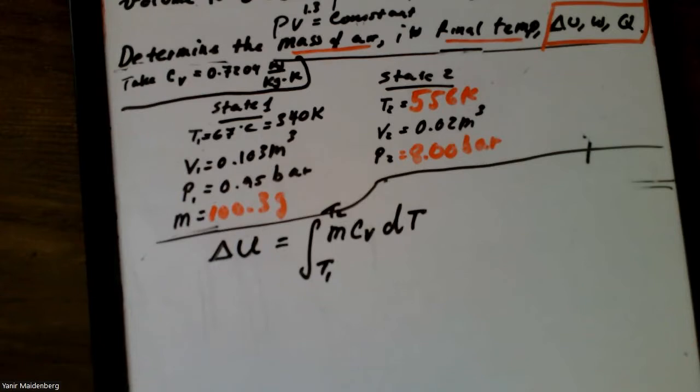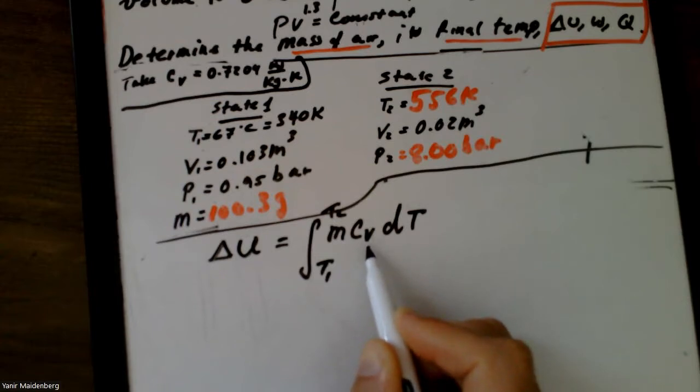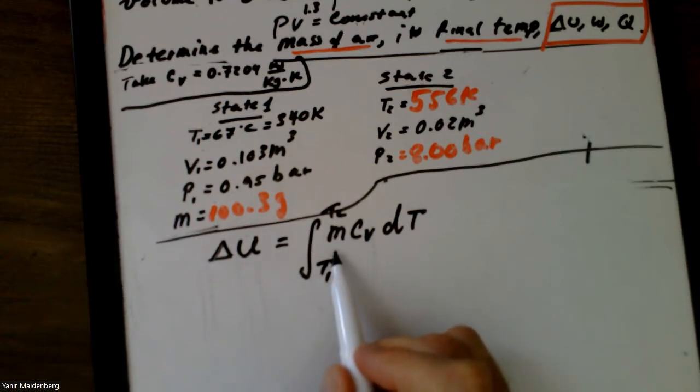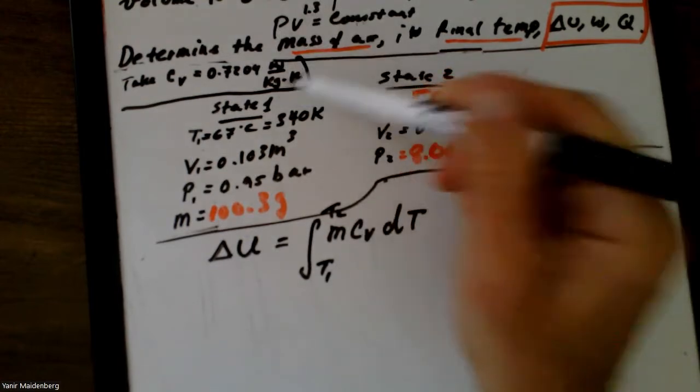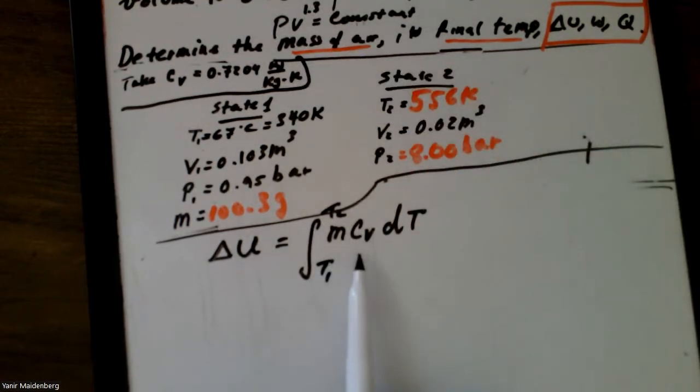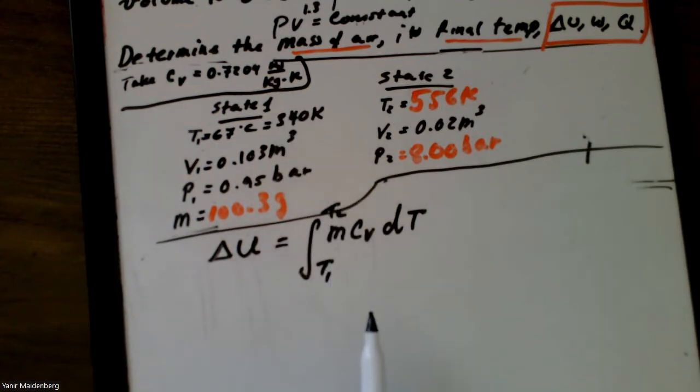Okay, and then that's true. That's specific heat at constant volume. This is mass. If the specific heat was in terms of moles, I would use N here. Because in terms of mass, I'm using the mass.